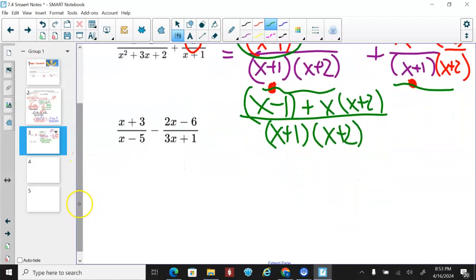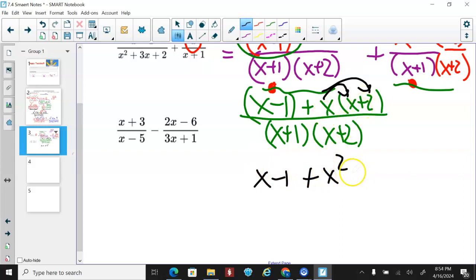So again, as a reminder, we are going to be distributing the x minus 1 plus x times x is x squared. x times 2 is 2x. Please understand that x times x is x squared, because you get x and x to the first power here, and you add their exponents. x times x is not 2x.